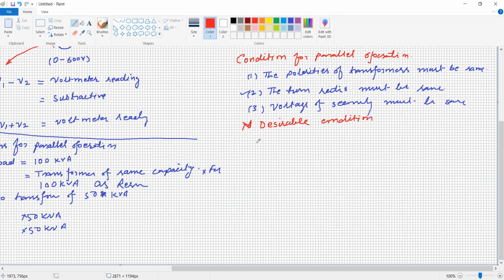One is the internal impedance. The impedance should be equal.